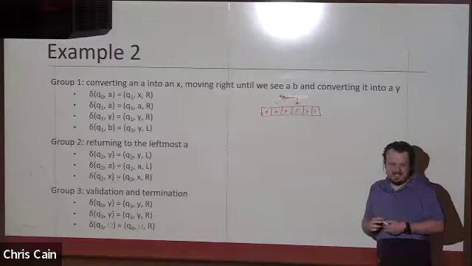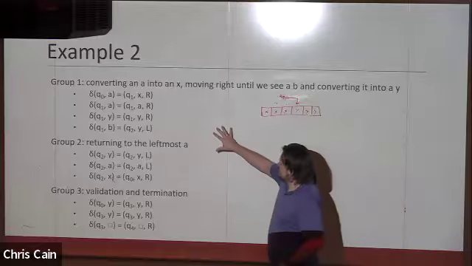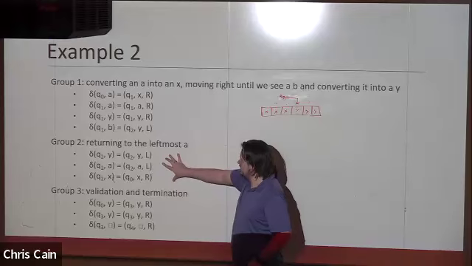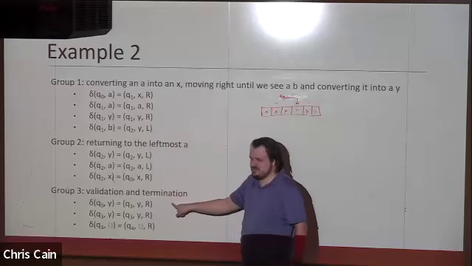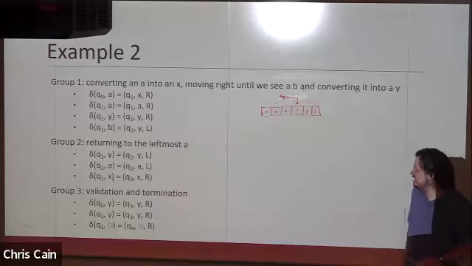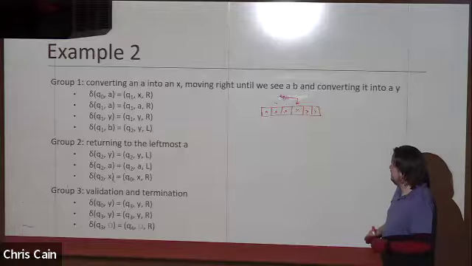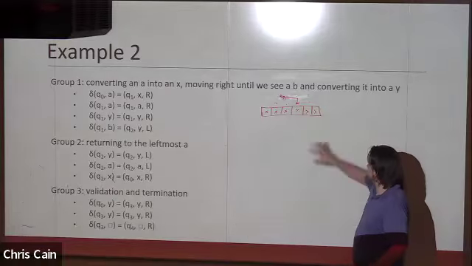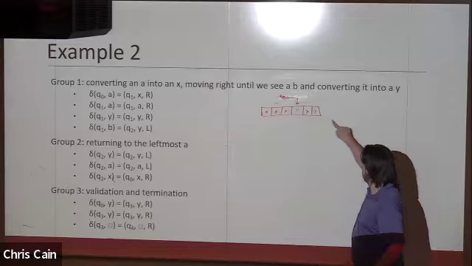Q0 on a Y, we have left our loop of group 1 to group 2, group 1 to group 2, and we're now in the validation and termination method. We're going to check whether this works. So Q0 on a Y, we need to validate that there's nothing else past the end out here.